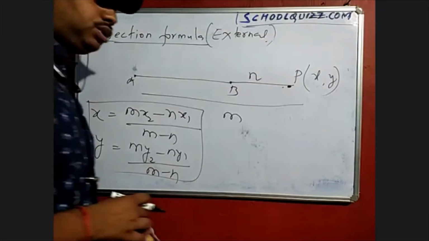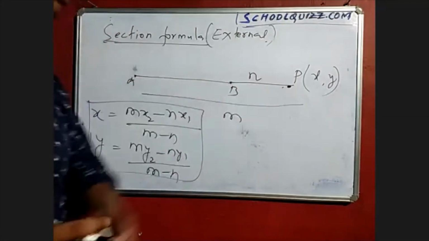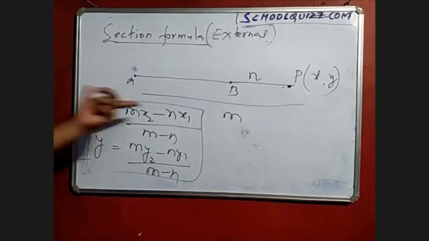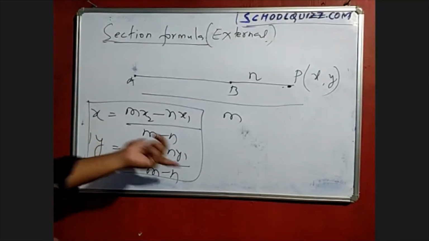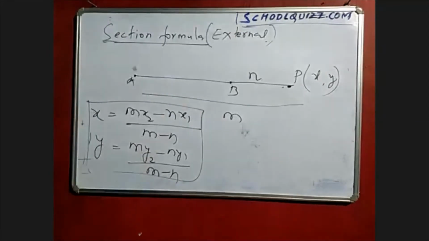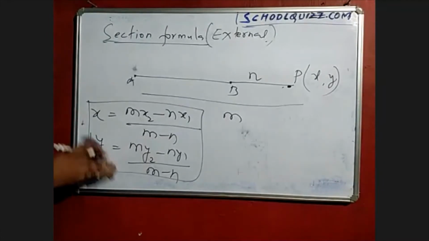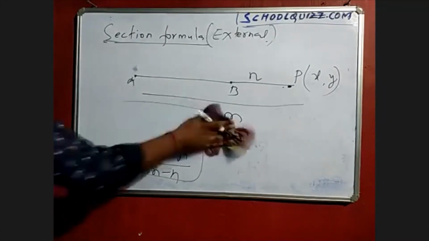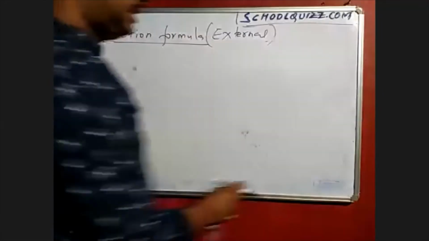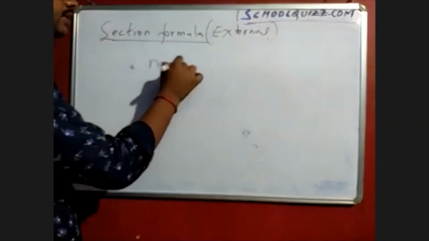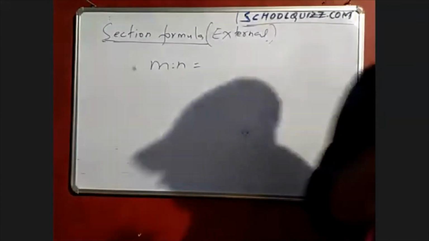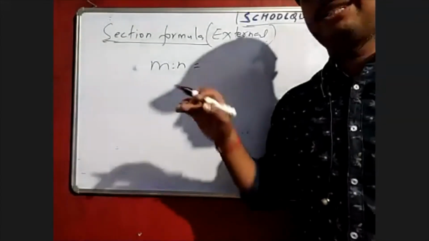Same type of questions you will get: same coordinate points, and some m and n values, and based on that you can substitute the values here and you will get the x coordinate which is dividing AB externally. One note you have to keep in mind: how can you decide, suppose you are getting m is to n in some ratio, whether that point is dividing the line externally or internally?